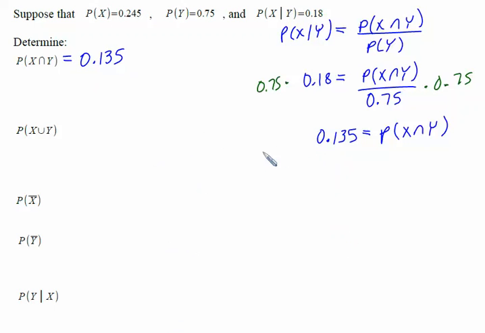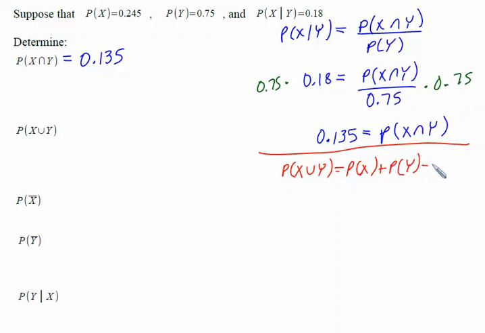Now continuing, we want the probability of x or y, which is the probability of x union y. Our handy formula tells us that is the probability of x plus the probability of y minus the probability of x and y. So the probability of x or y is equal to the probability of x, which is 0.245, plus the probability of y, which is 0.75, minus the probability of x and y, which we already found is 0.135.